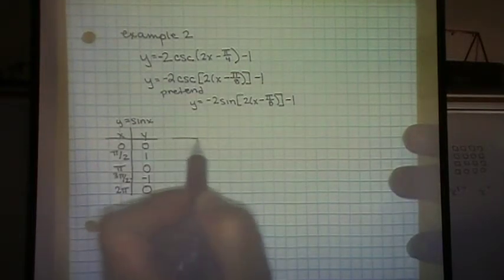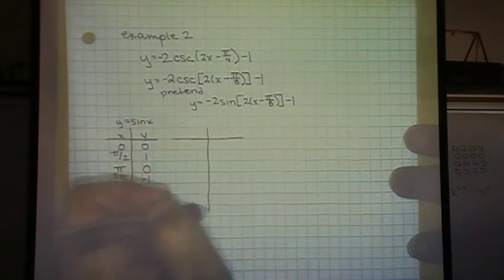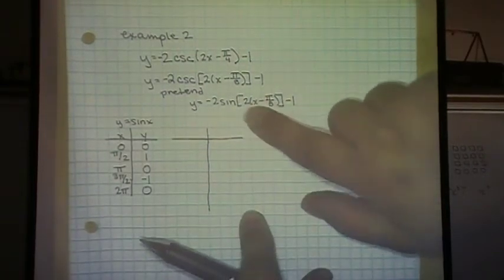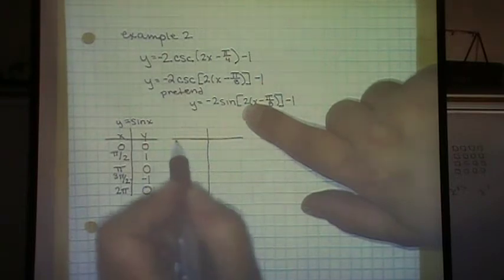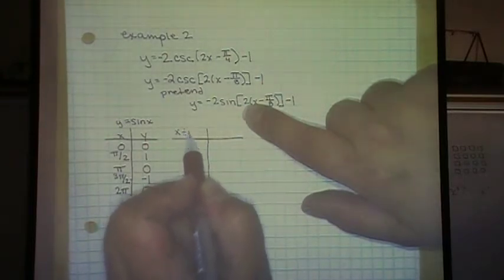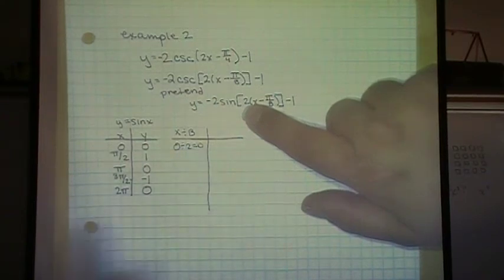So now let's do our points. I'm going to divide all my x values by 2, but dividing by 2 is the same as multiplying by 1/2. So 0, 0 divided by 2 is just 0. That one's easy.